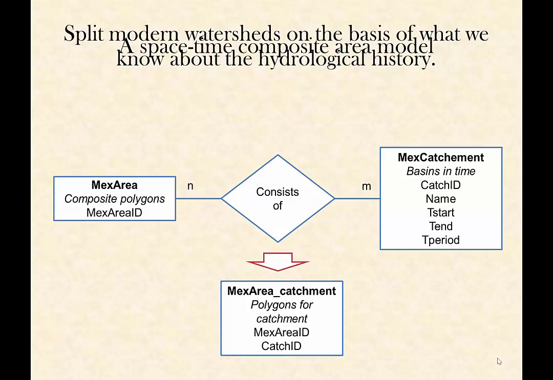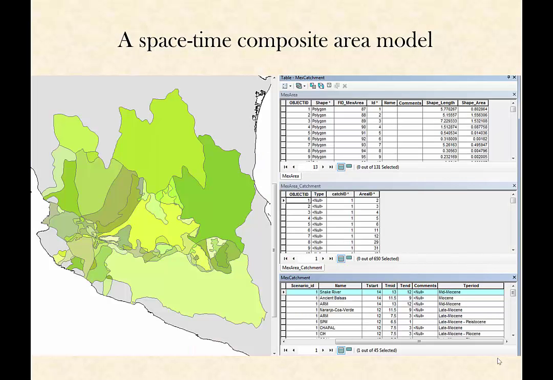And of course, this relationship consists of the end-to-end relationship. It gets turned into a table which has the catchment ID in a particular time period and the ID of the polygons, one row for each of the polygons that make up that catchment at a particular time. So I got this far. This is central Mexico.